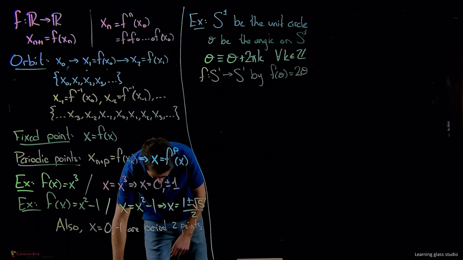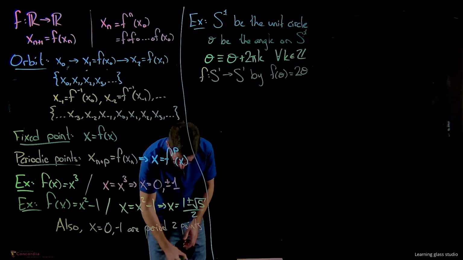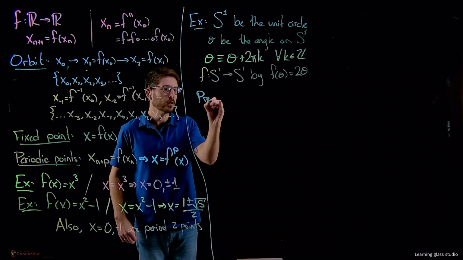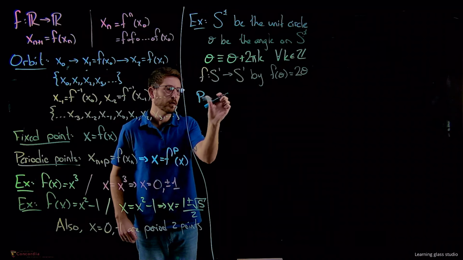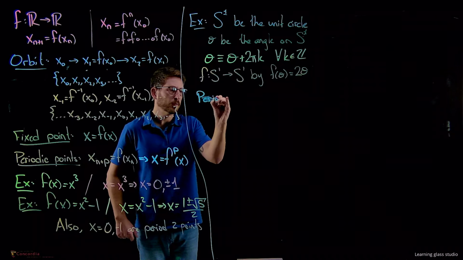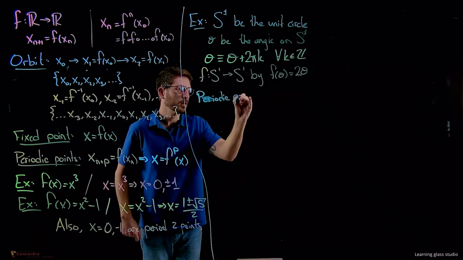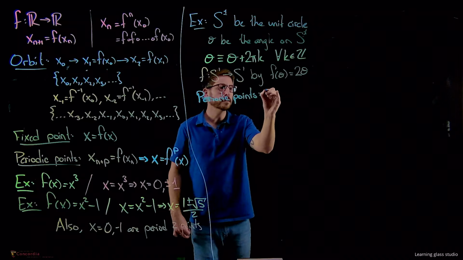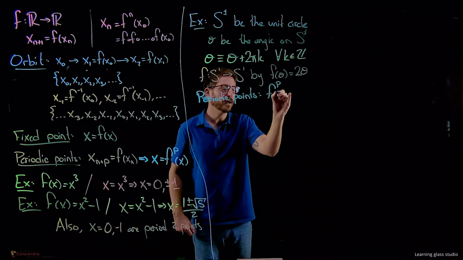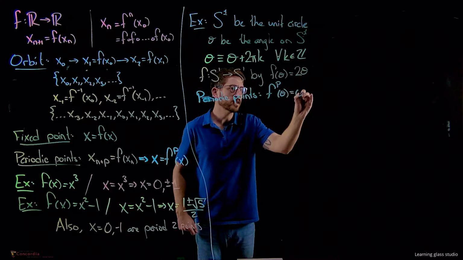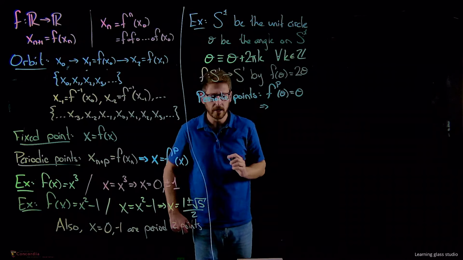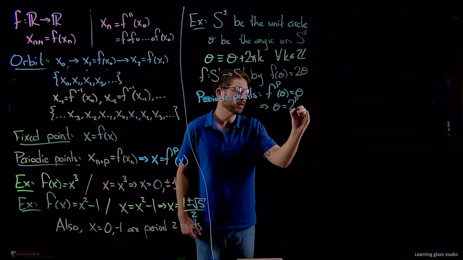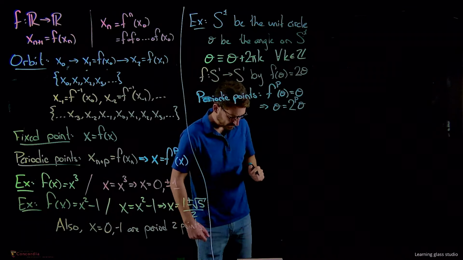Then the periodic points of this map are going to be points so that the pth iterate of theta is equal to theta, which is the same as saying theta is equal to 2 to the p times theta.